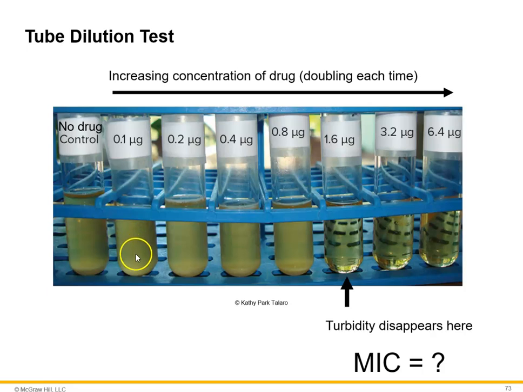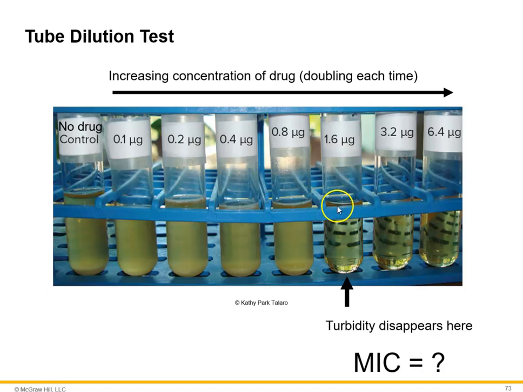And then they look at the tube to see whether or not the turbidity, or the cloudiness, disappears. If it doesn't, they add more medicine. So they are essentially doubling the dose of medicine every time they add on to a new tube. At some point, they're going to get to where they have enough medication that it kills off those bacteria and clears out the tube.